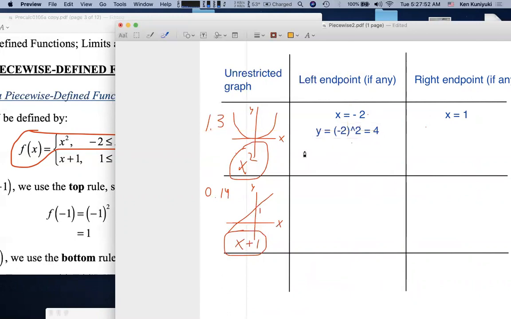Which means that the corresponding left endpoint will be the point -2, 4. So that's going to be the left endpoint of this piece of the graph. Now, will it be included or excluded from the graph?